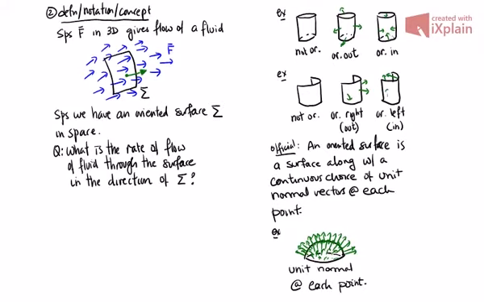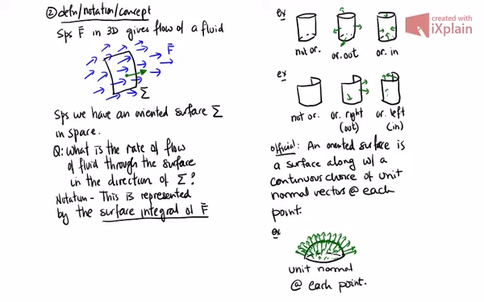We can sort of visualize what's going on here. So in any case, the notation for the answer is that this is represented by the surface integral of F bar over sigma.